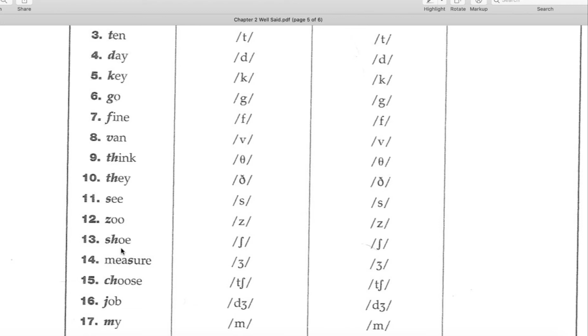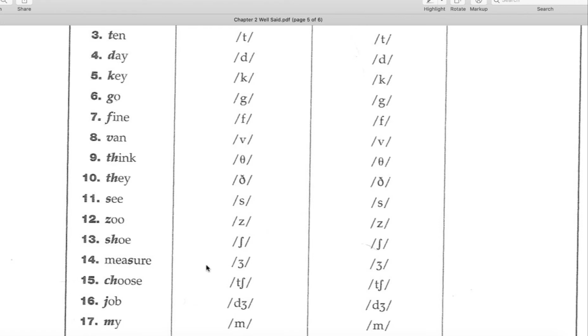So since we want to know what sound is sh, because it's not always SH, then we need to have its own special symbol. So here we have this very long and skinny S, and that will always in any language represent, if that language has it, sh. No matter how that language spells it, it will always be sh in its phonetic transcription.